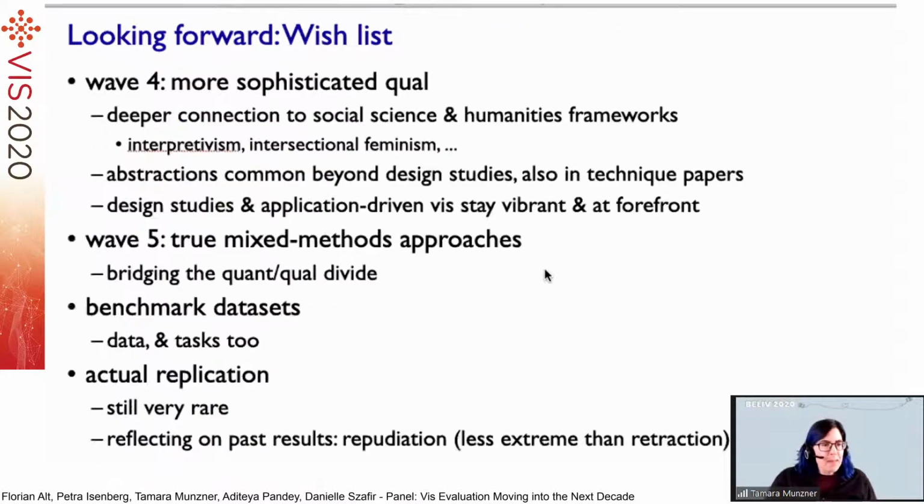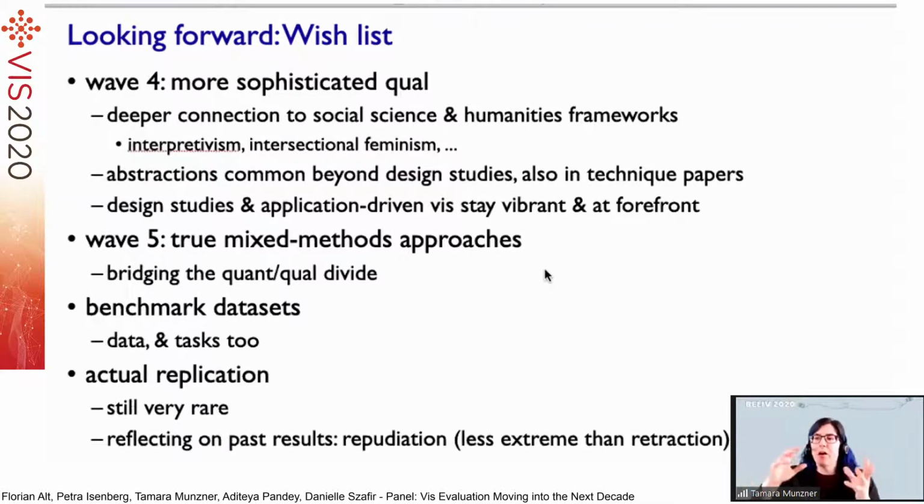And then, okay, so what's my wish list? What do I want to see more of? I'm hoping for this fourth wave where, just like we legitimized quantitative work and then went back and thought about how to do it in a deeper way, I'm hoping for this next wave of qualitative work where we have these deeper connections. A lot of people are calling for a greater connection to books like Data Feminism, Joe Wood's stuff about literature design studies.